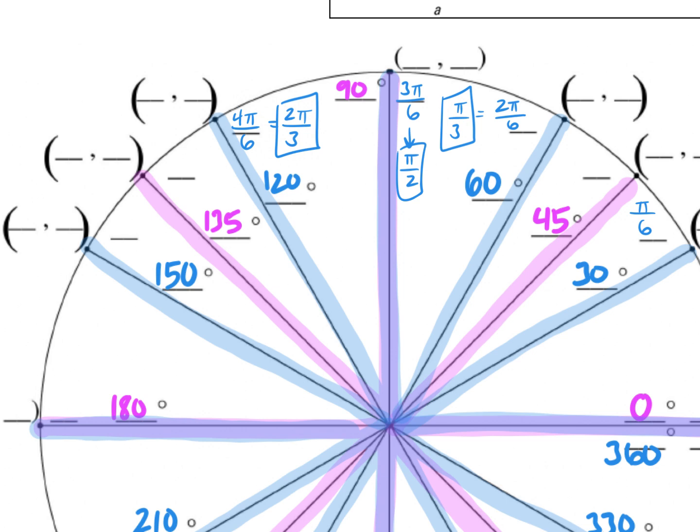Add pi over 6 again. I'm at 5 pi over 6. Add pi over 6 again. I have 6 pi over 6, which is equal to what? Just pi.